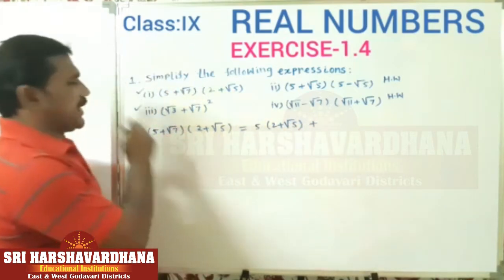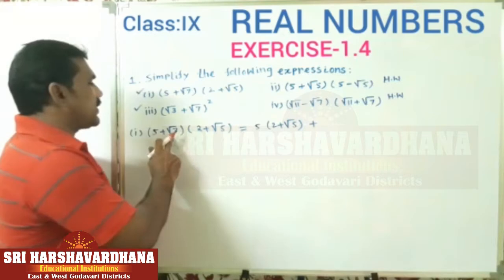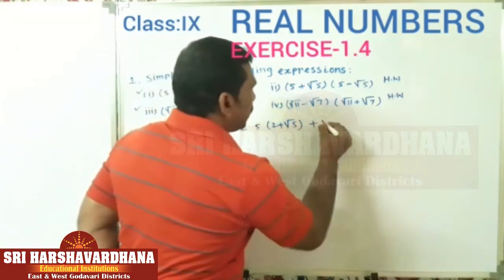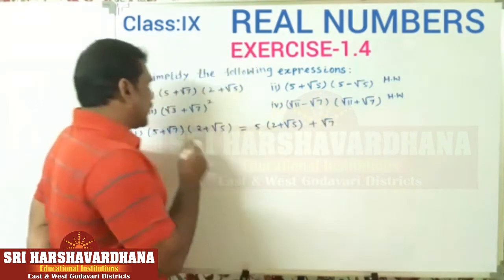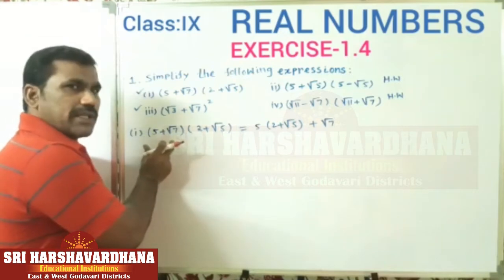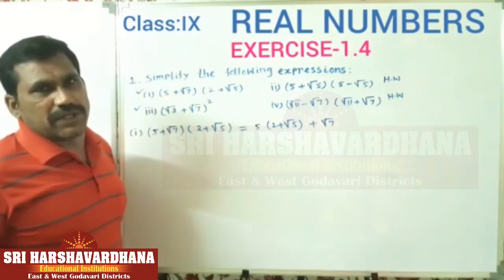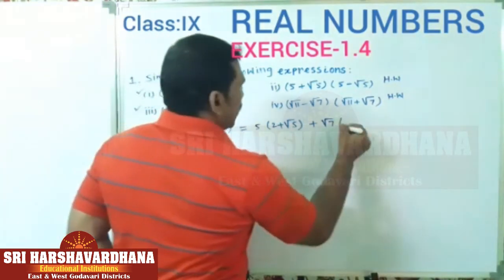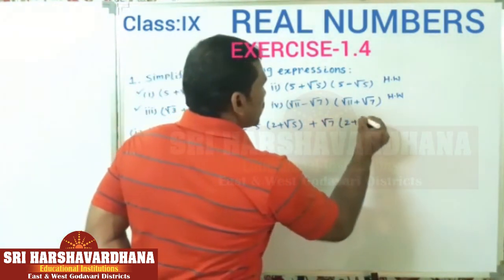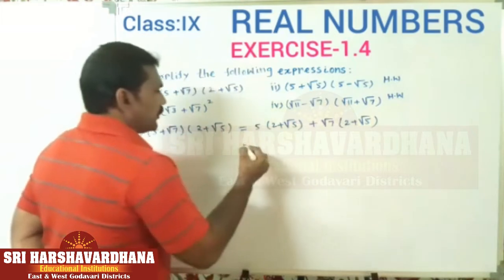Next one, plus, right? Plus root 7. Multiply the second term of the first expression with the second expression. Okay? Root 7 into (2 plus root 5).